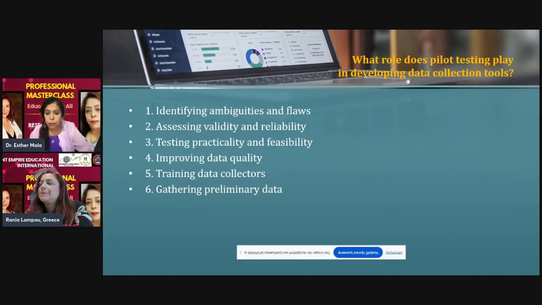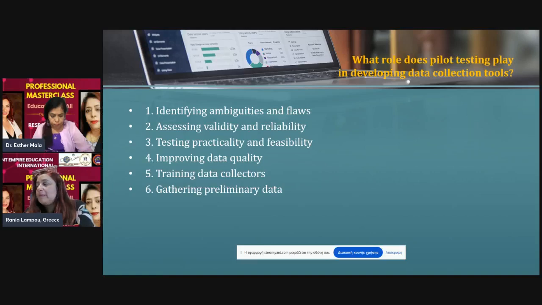It also improves data quality. So this helps detect potential biases or systematic errors. It ensures that questions elicit the intended types of responses. And of course, it highlights problems with response scales or categories. And of course, pilot testing can serve as a rehearsal, allowing those who administer the tool to practice and provide feedback.